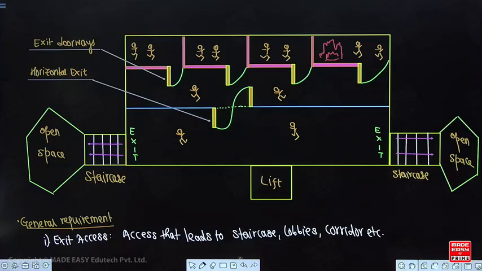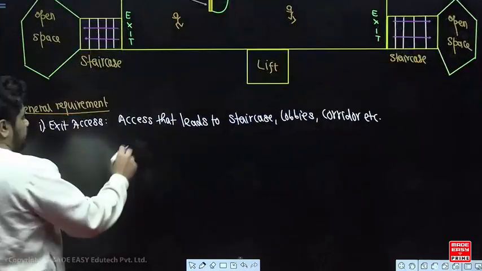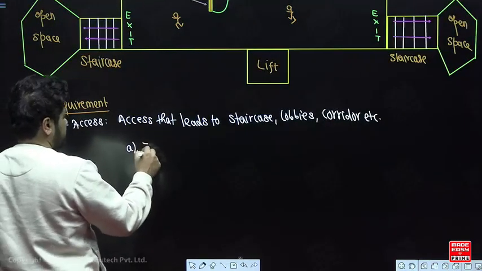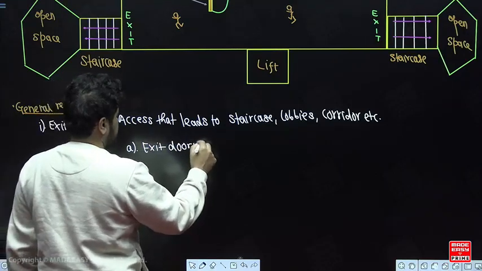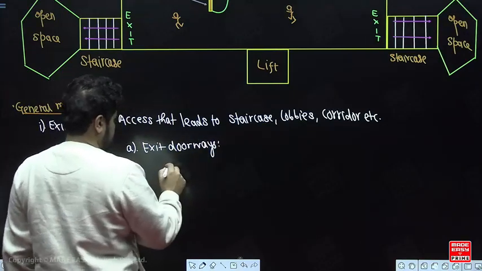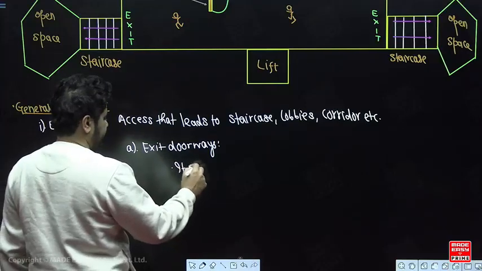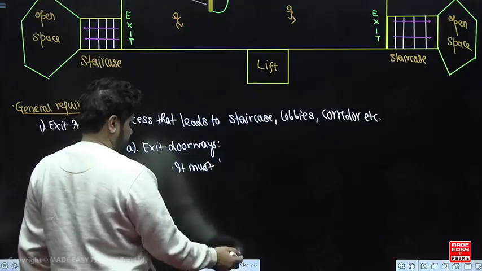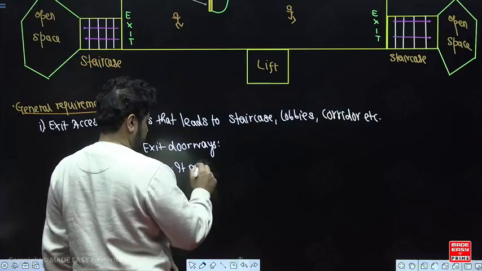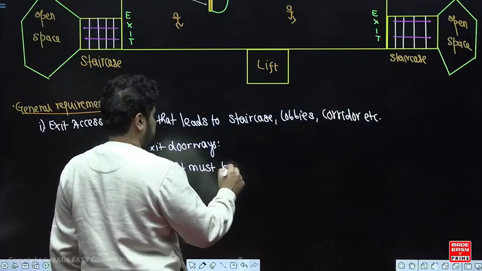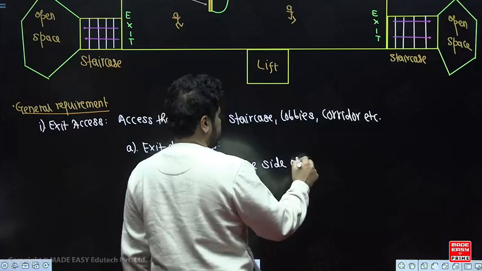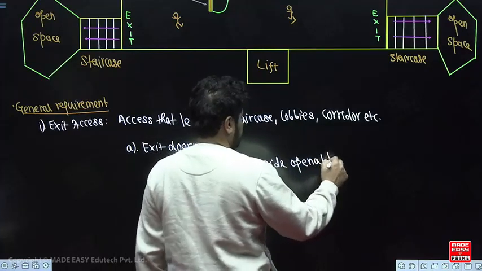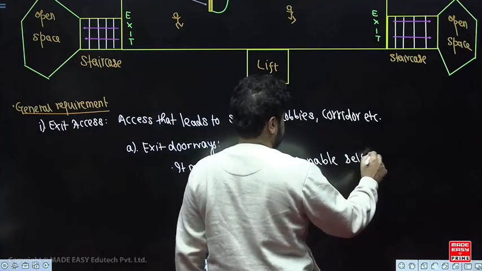Correct. Now the first one in this is exit doorways. It must be one side openable, self closing type.